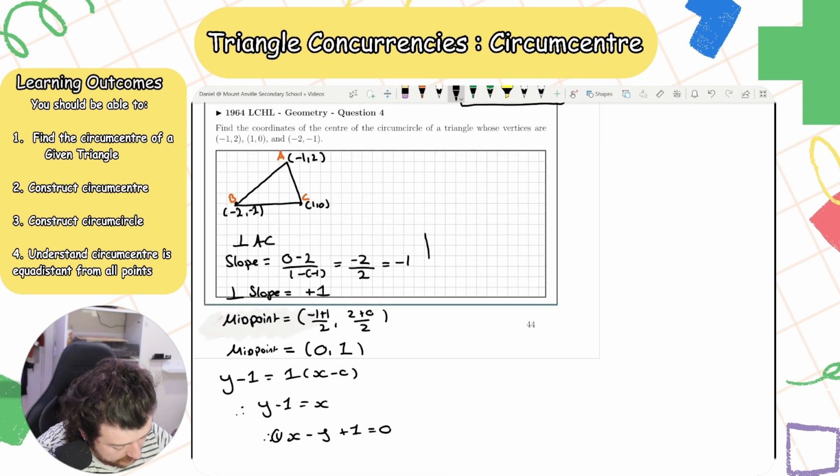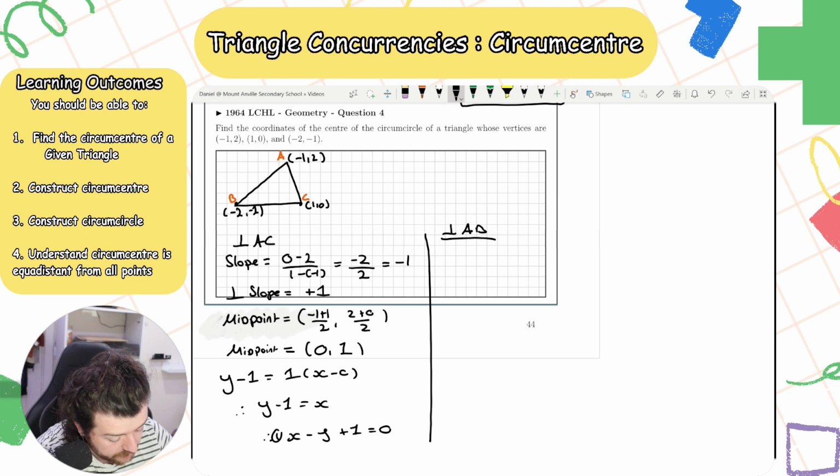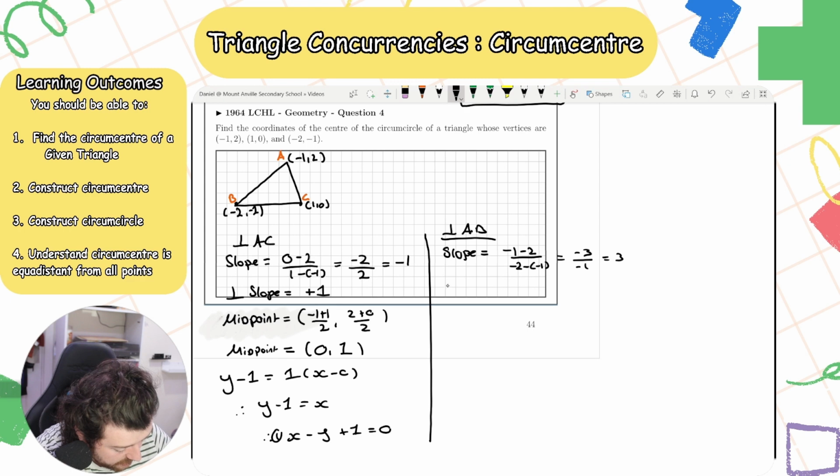Right. Let's look at my second equation now. I'm probably going to do AB. Perpendicular line of AB. So I need to find my slope. So minus 1 minus 2 all over minus 2 minus negative 1, which is minus 3 over minus 1, which is 3.